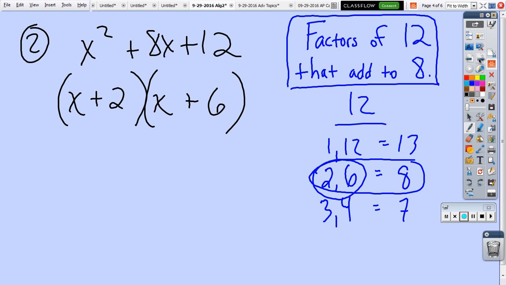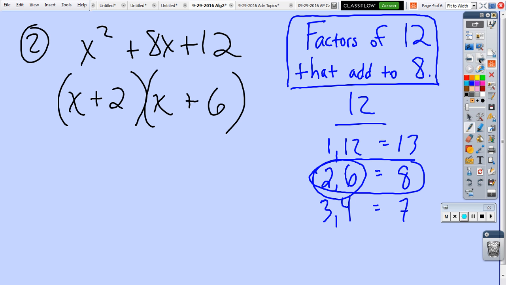Okay, so what I do is I take AC, and AC is 1 times 12, which is 12. So factors of 12: 1 and 12, 2 and 6, 3 and 4, and they have to add to a positive 8.